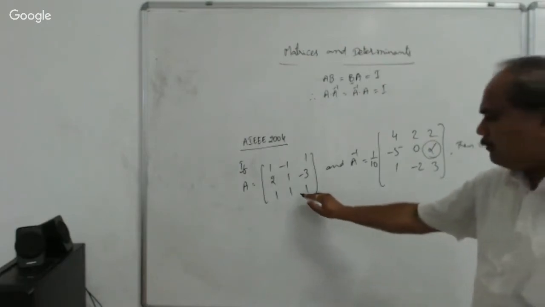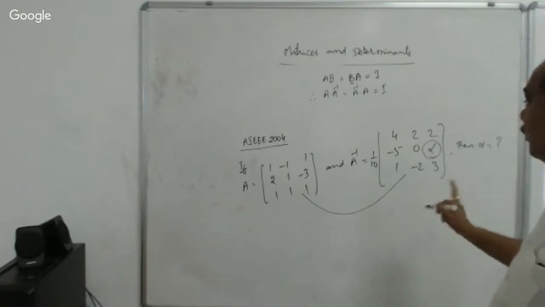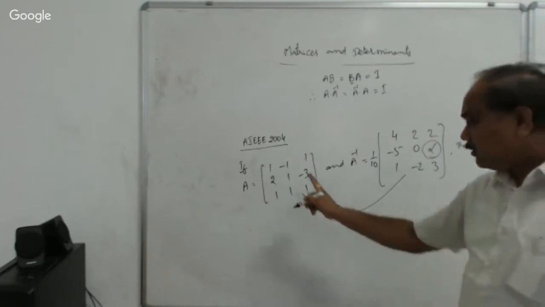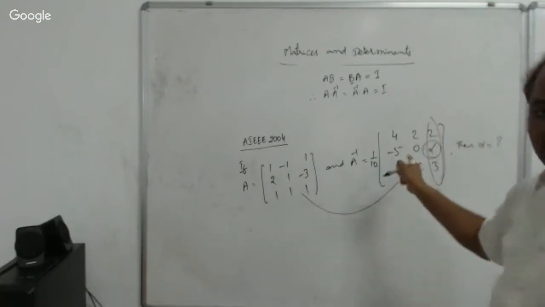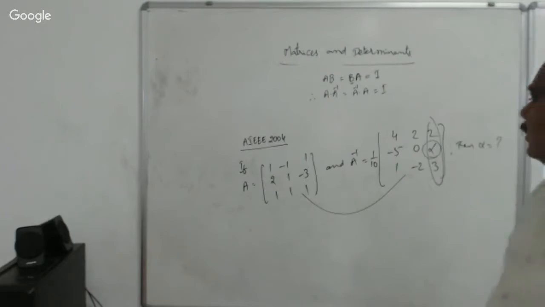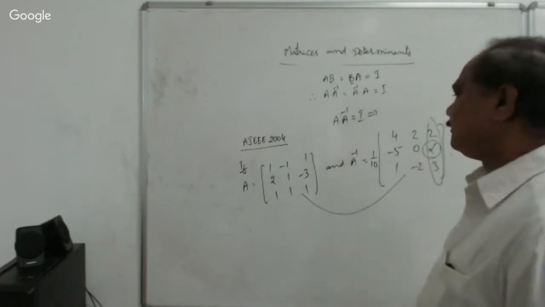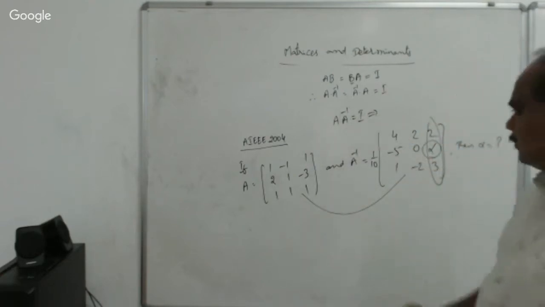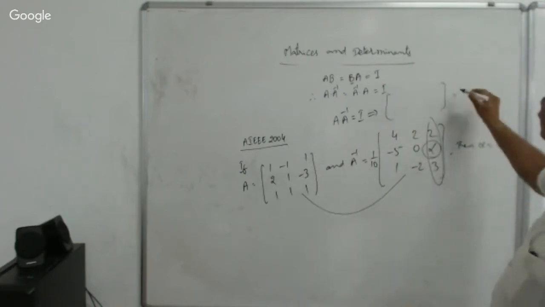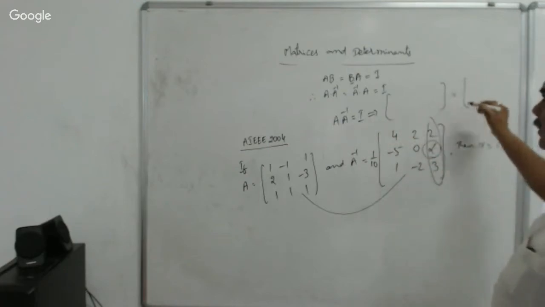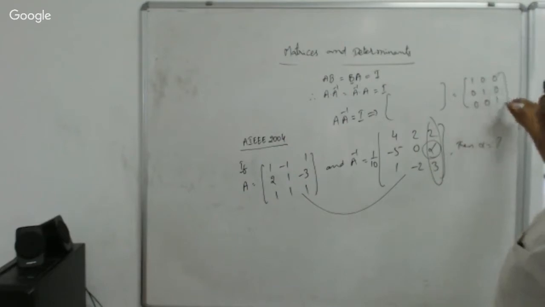Now simply multiply these two and equate it to I. No need to multiply each and every element, but here in the third column we have an unknown value. That's why, here, A into A inverse equal to I. Just try to understand, here I means it is a 3 by 3 matrix: 1 0 0, 0 1 0, 0 0 1.